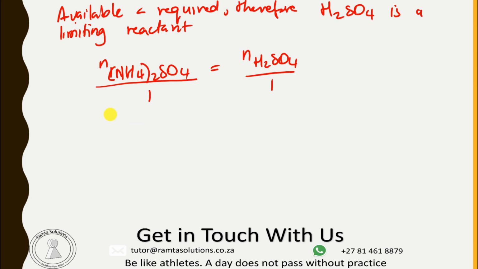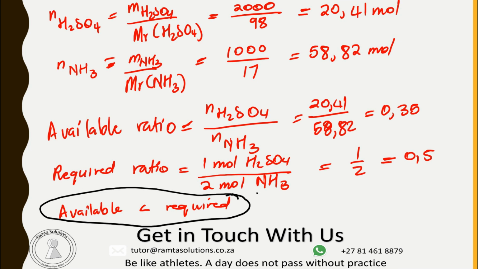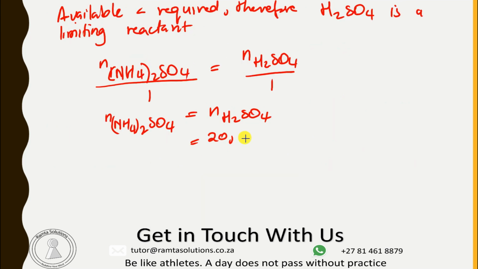It means the number of moles of ammonium sulfate is equal to the number of moles of sulfuric acid, which was 20.41. So the number of moles of ammonium sulfate is equal to 20.41 moles.